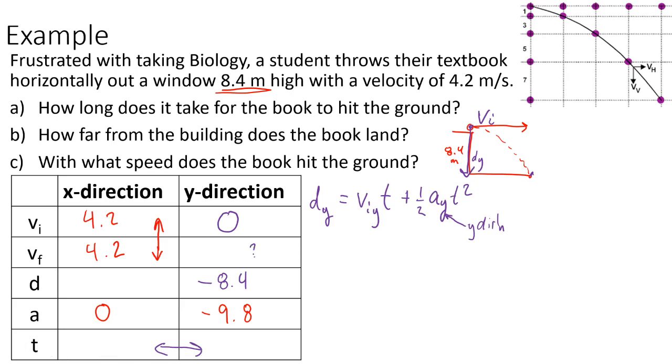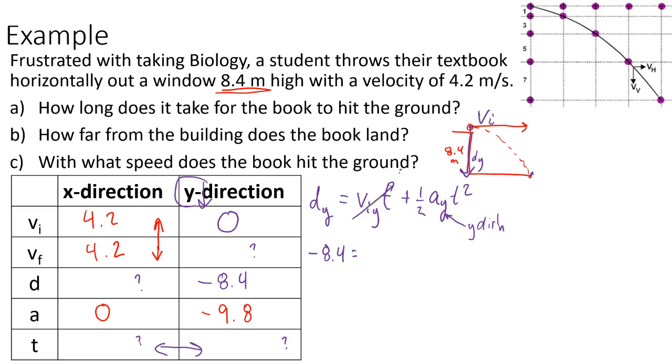Okay, we don't know what final velocity is. We don't know what displacement is. We don't know what time is. Okay, so we have to go and solve some of these things. To find the time, we're just going to plug and chug some information from the y column, where our displacement in the y direction is negative 8.4.